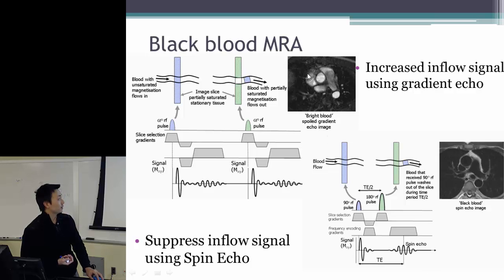So when we compare it to this bright blood, we can see that all the blood signal has become black. So this is very interesting, because they are just both a simple gradient echo and a simple spin echo.